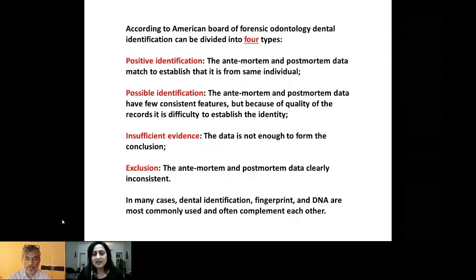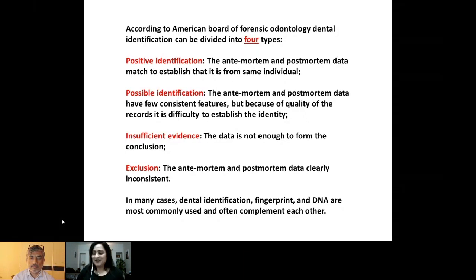In many cases, dental identification, fingerprint, and DNA are the most commonly used, and they often complement each other. That is why earlier I said it is used as an adjunct. It is a validated science, but in spite of that, certain countries don't accept it.